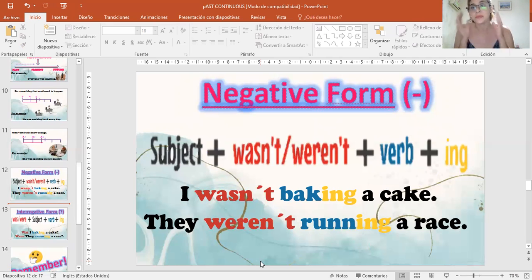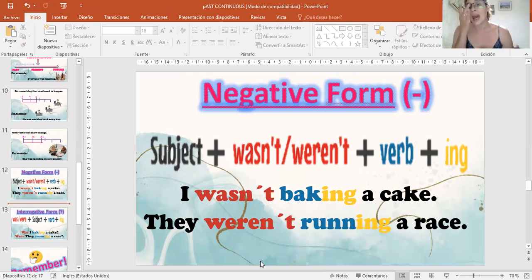Okay. And again, it's important to determine, first of all, if we're talking about a singular or if we are working with a plural noun in the subject, to determine which I am going to use, if wasn't or weren't.